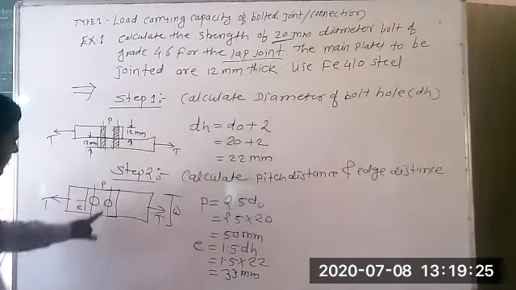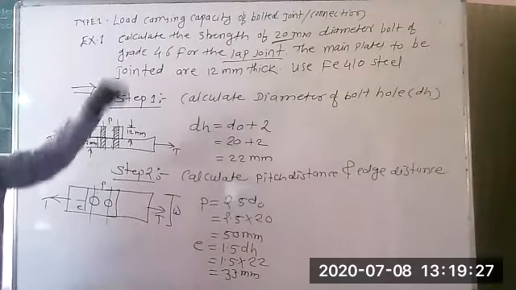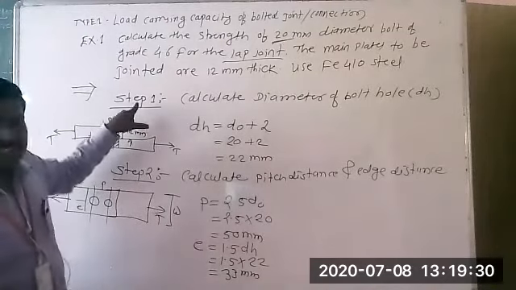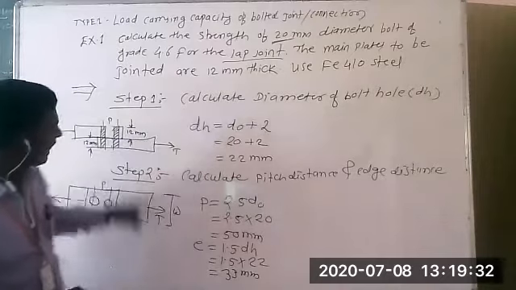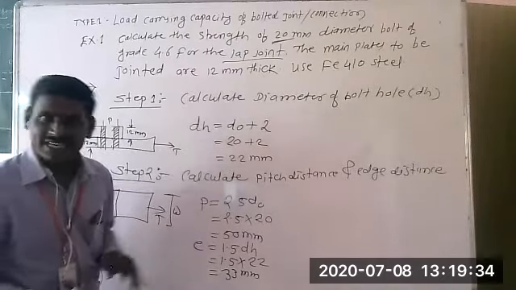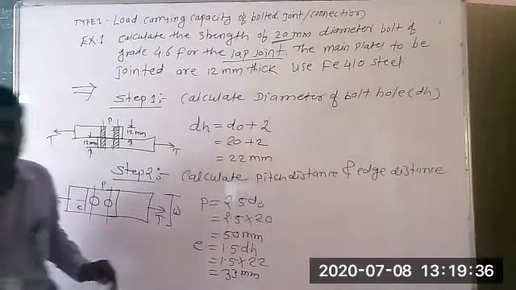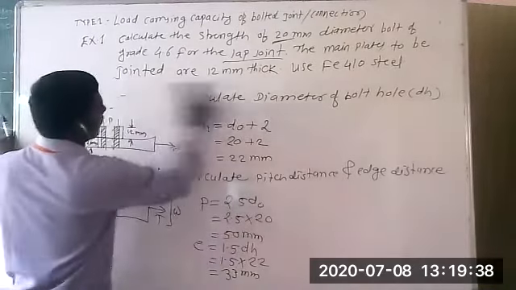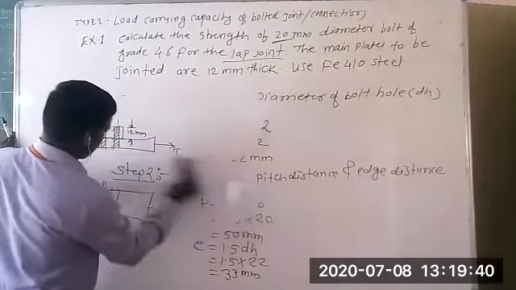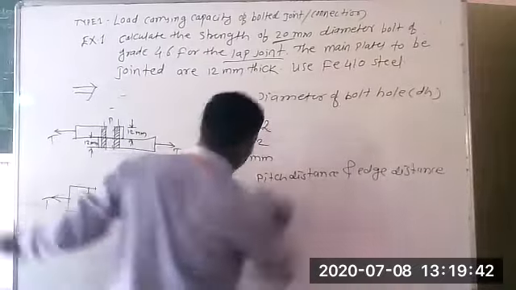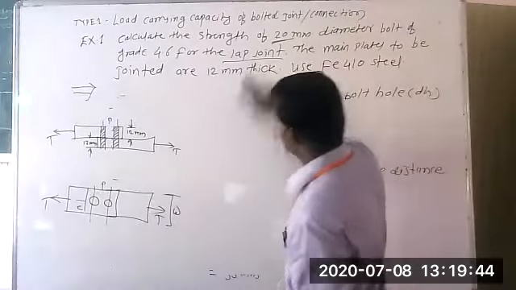Okay, so this is the plan and elevation of our problem statement. We have calculated in step number 1 the diameter of bolt hole, and in step number 2 the pitch distance and edge distance. So we will move towards the next step. Draw the sketches.